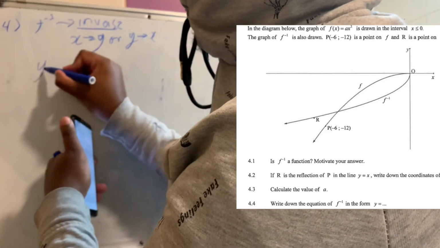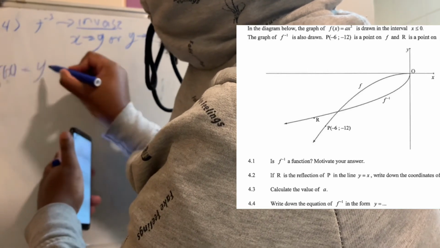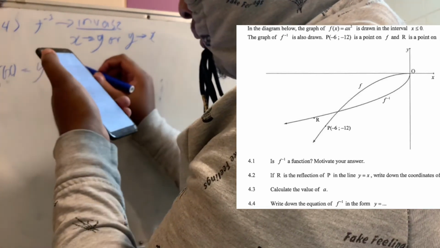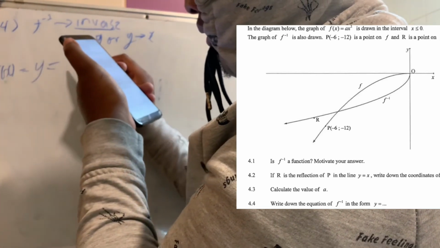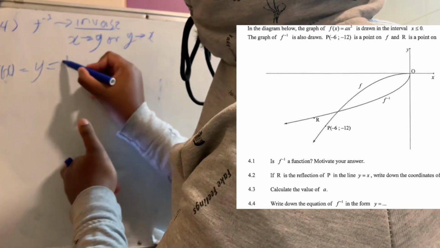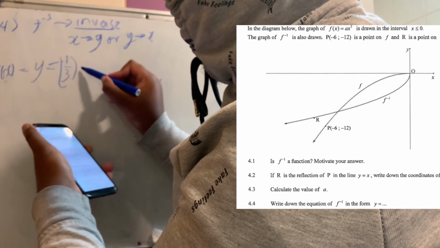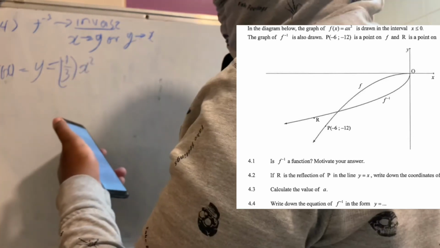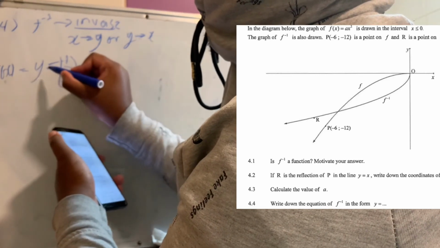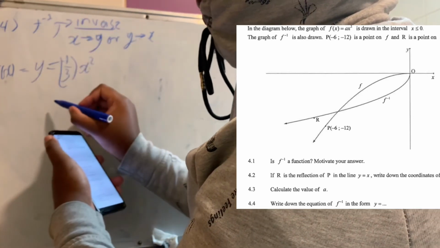Whatever you have for f at x, y is equal to minus 1 over 3 x squared. That's the only way to find your inverse, which is f minus 1.